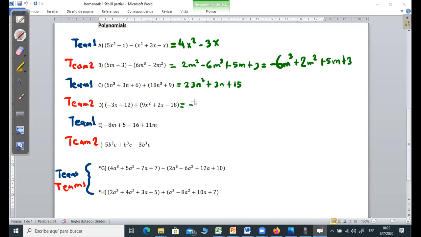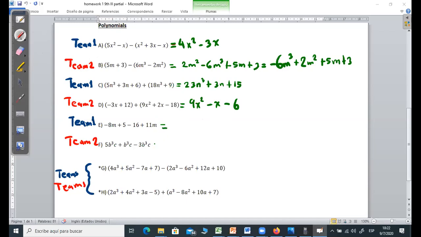Is the letter D, are you sure? Mister, I think it is 9x to the second power minus x minus 6. Okay, that's the answer. You think right, that's the answer.